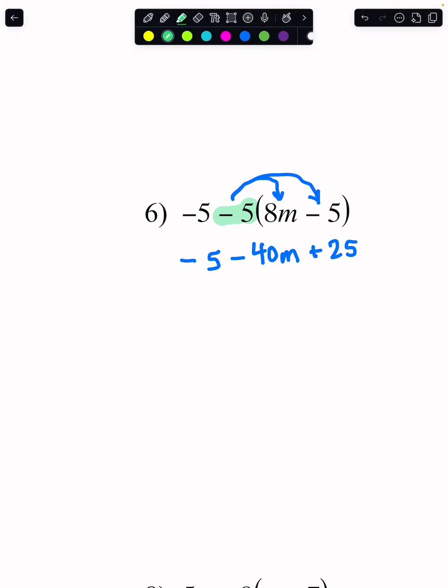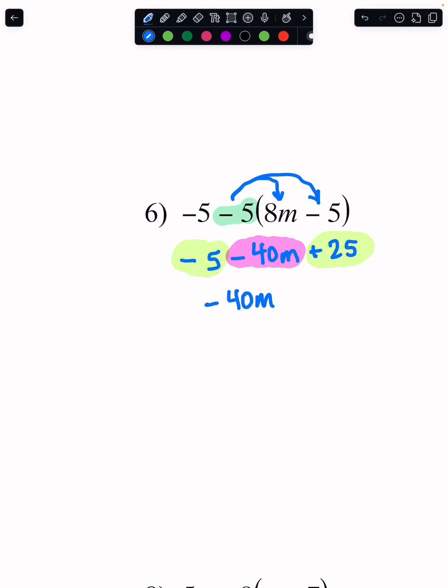I got to figure out which are my like terms. So let me see. My number with an m, let's do this one pink. Does anything else have an m? No. So let's go ahead and do all the constants in this color. Now that everything is color-coded, let's go ahead and combine like terms. Well, since negative 40m is the only thing that is there, we're going to go negative 40m.